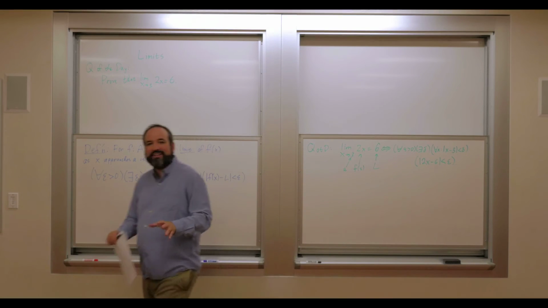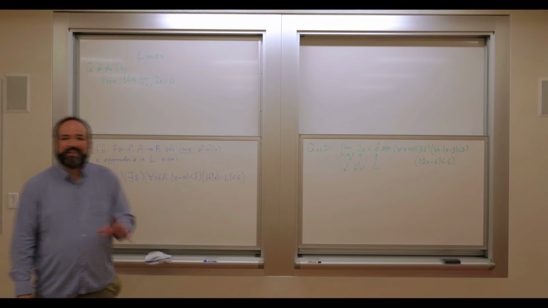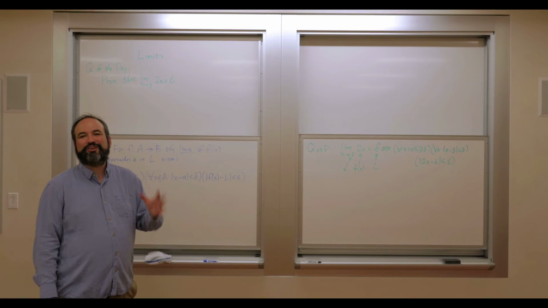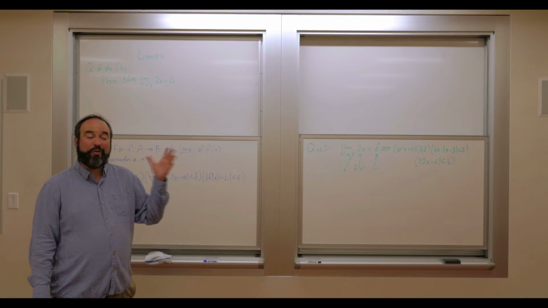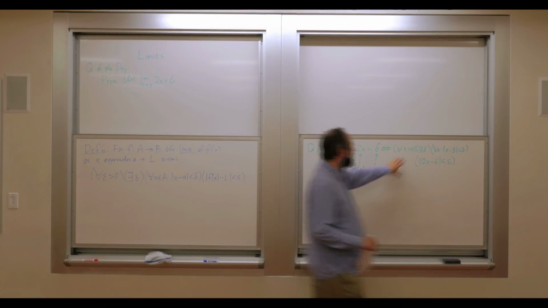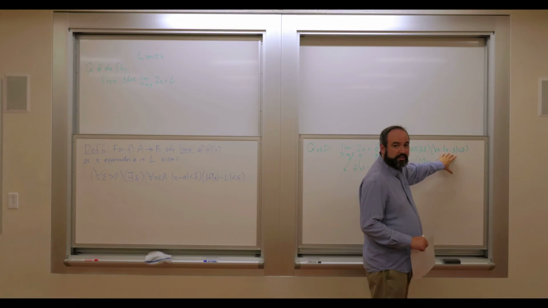So that's how we write this specific problem logically. And now that we've written it logically, we turn around and use what we know about how to prove logical statements. To prove this logical statement, what do we do?